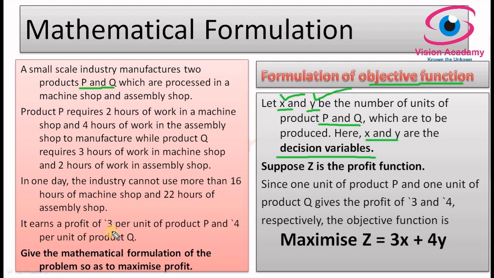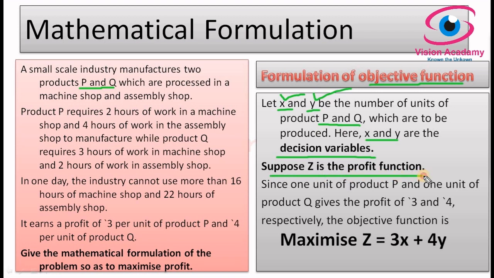So here you have to maximize profit. So the profit from products P and Q, renamed as X and Y, which means in the objective function the profit information and the two product information must be there.